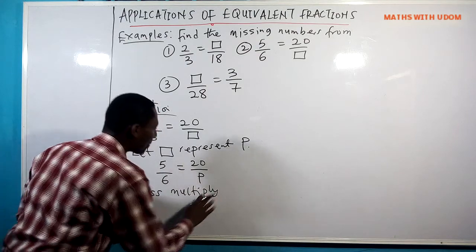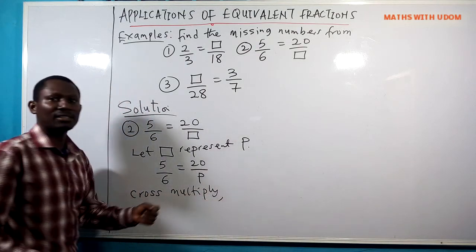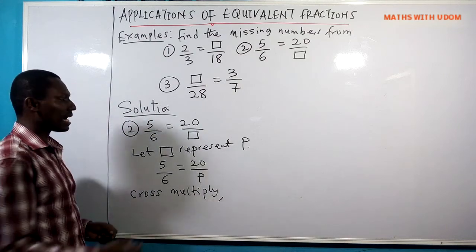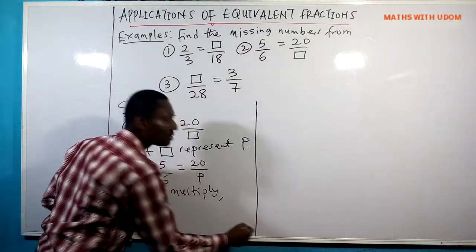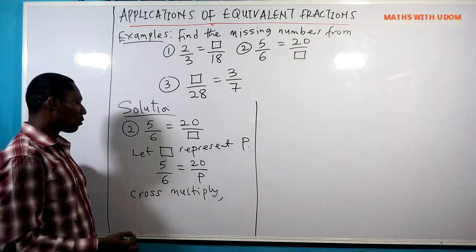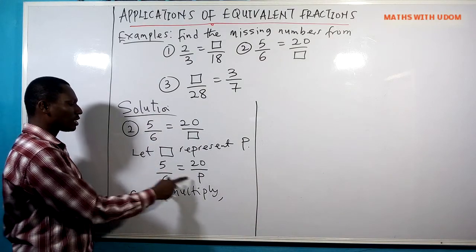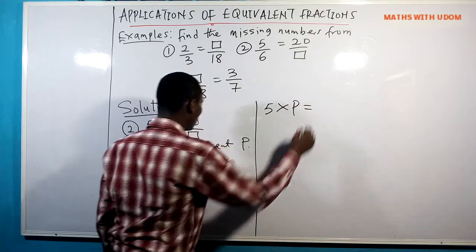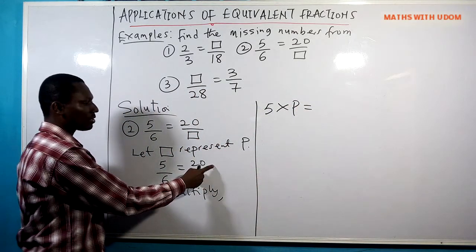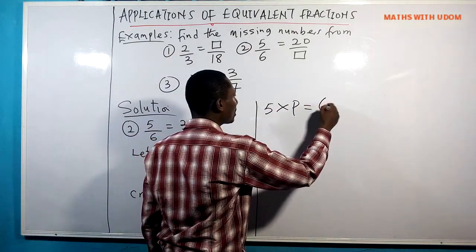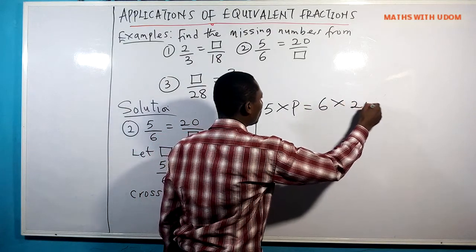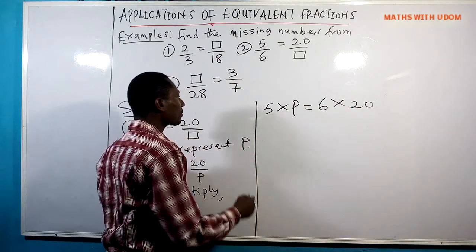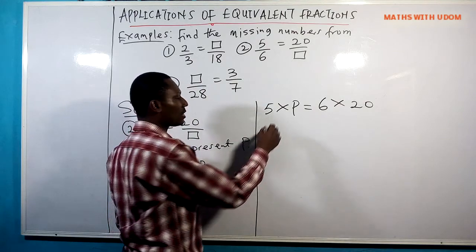The word cross multiply means you cross the numbers and then you multiply at the same time. That's why they call it cross multiply. So 5 will multiply P. We have 5 times P equals 6 multiplied by 20. So 5 times P will give us 5P.